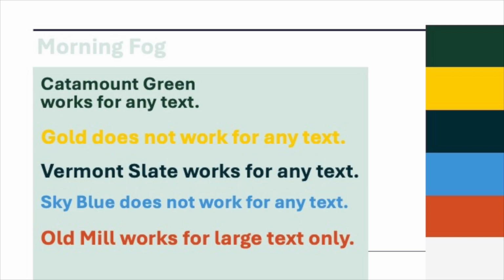It does not work to have yellow against light gray, but Catamount Green and Vermont Slate both work for regular and large text. Sky Blue does not work for any size text, and neither does Orange. So, again, I encourage you to measure these with your color contrast analyzer. Check my work to make sure that I got this all correct.